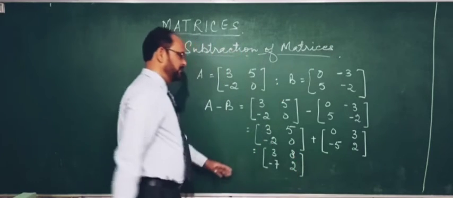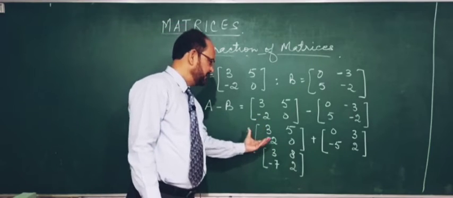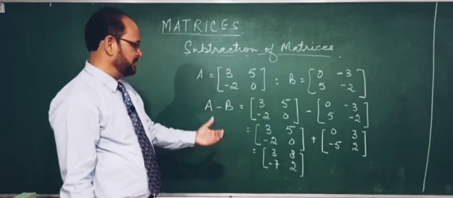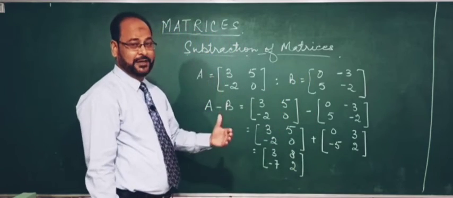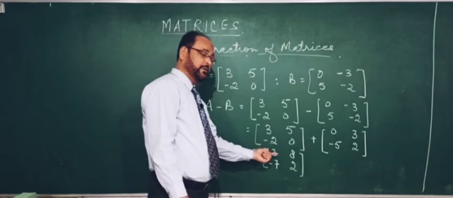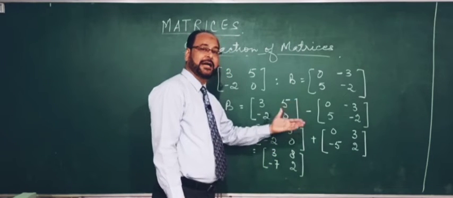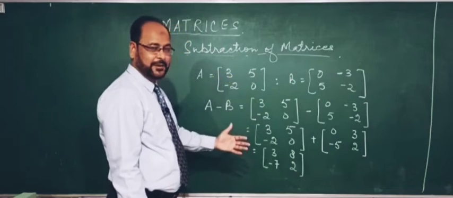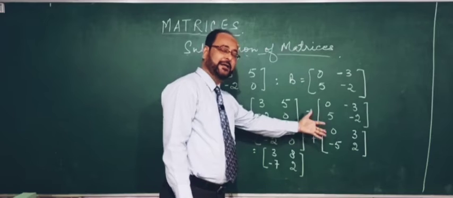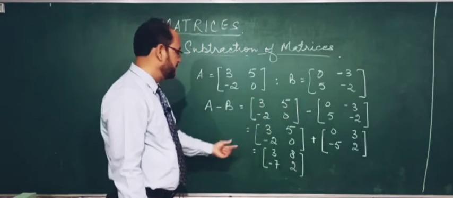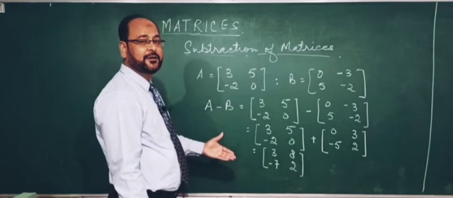Now let me clarify that when you are adding the numbers, be very careful, because if you write wrong, you are going to lose marks. Be very careful when you are adding, because at your class level, it is understood that you are well versed in addition of positive and negative numbers. So this is the way you will subtract matrix A and B.